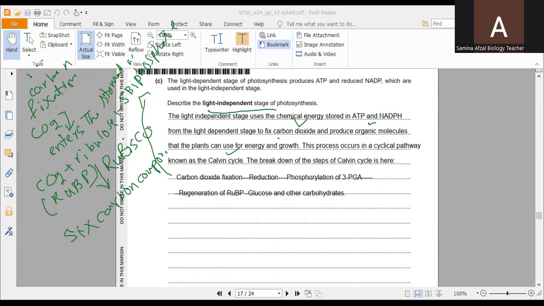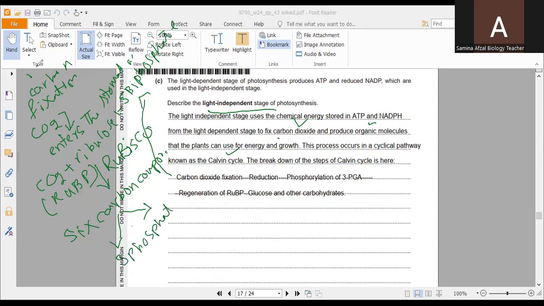After this formation, the 6 carbon compound is a very unstable compound, so it will split up into 3 carbon compounds, which is 3 phosphate glycerate.